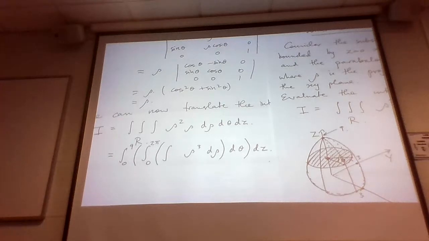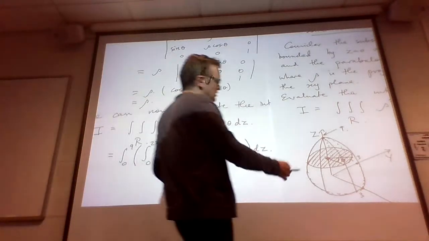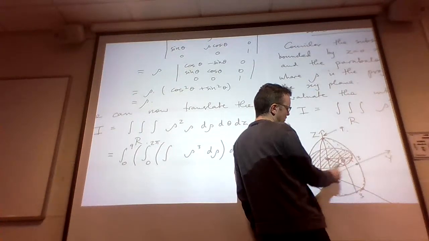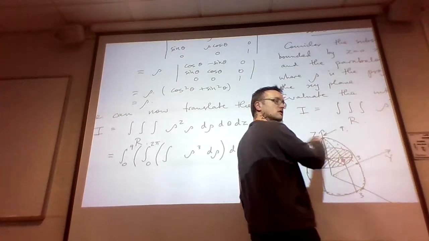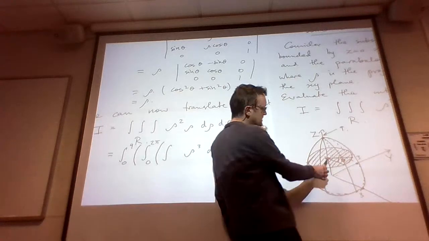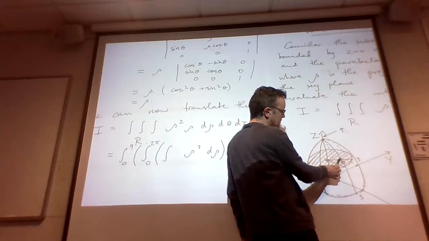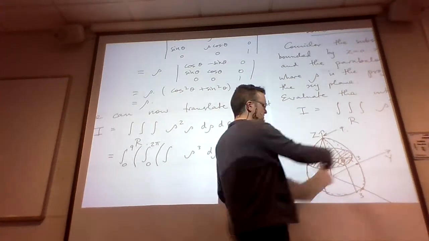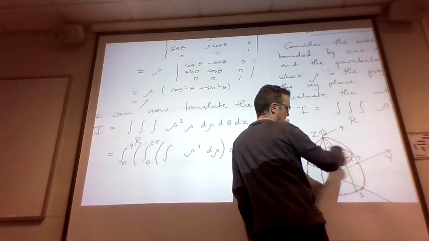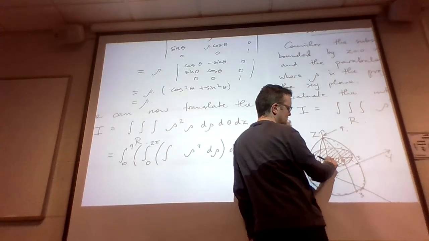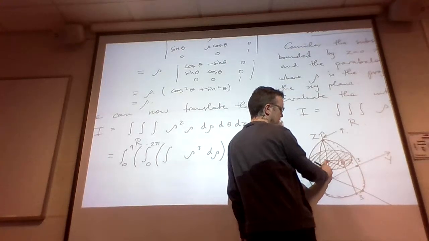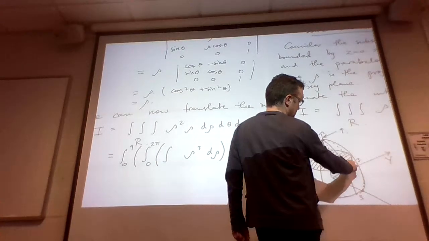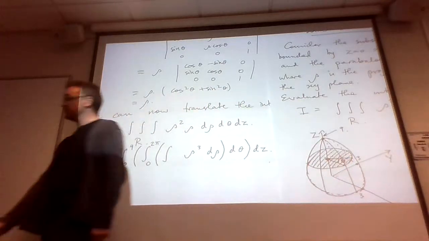So between what values of the rho variable do we have to integrate in order to finish describing this cross-section? Well, we need to integrate all the way out along the radius of this circular cross-section, but this is really the projected radius. So we need to integrate from rho equals 0 to whatever this maximum value of rho is.